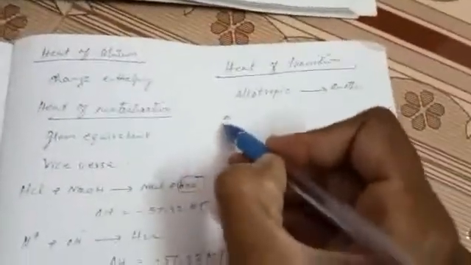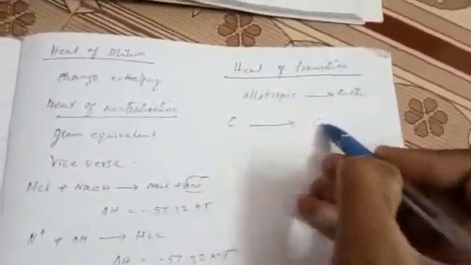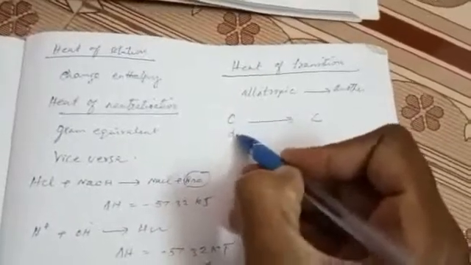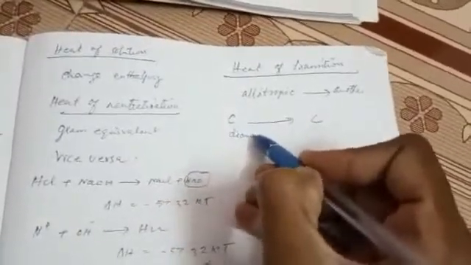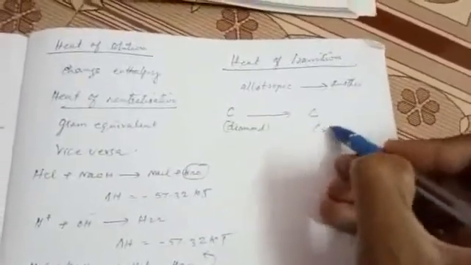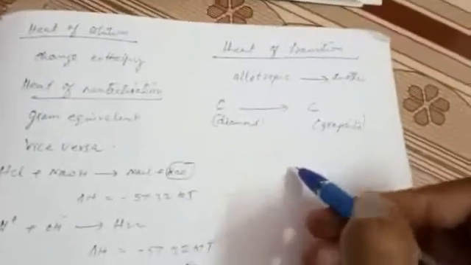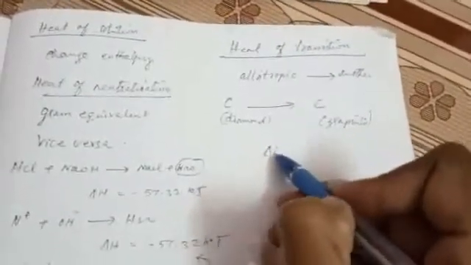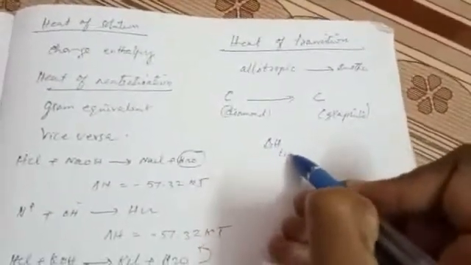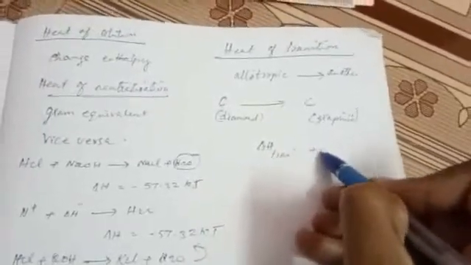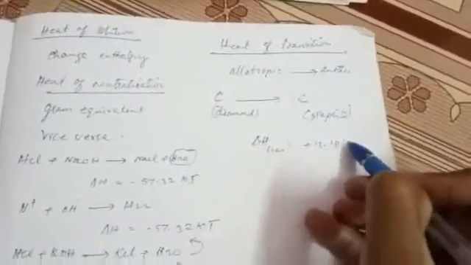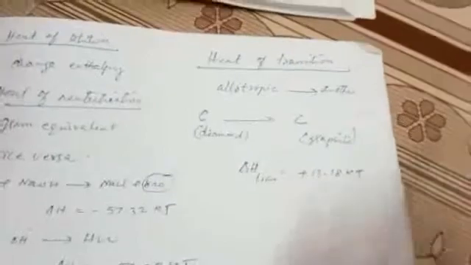Example, carbon: on the reactant side carbon is in the diamond state, and in the product it is in the graphite state. That is the allotropic change. So delta H transition equals plus 13.18 kilojoules.